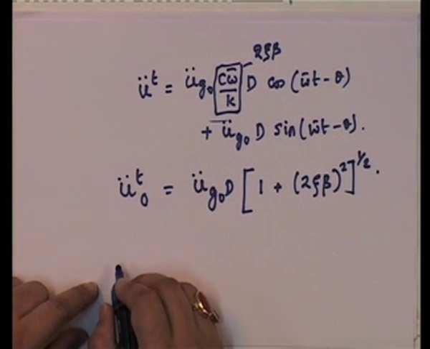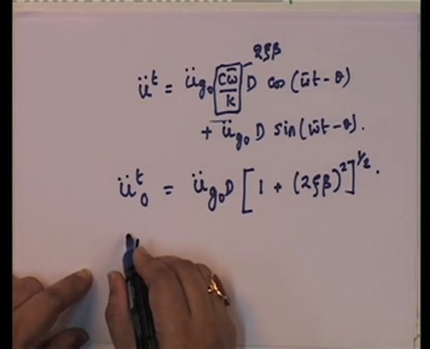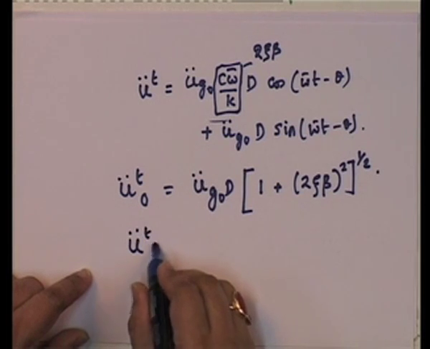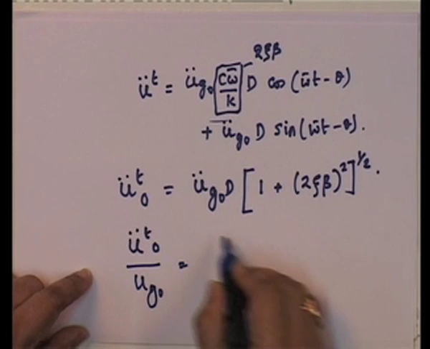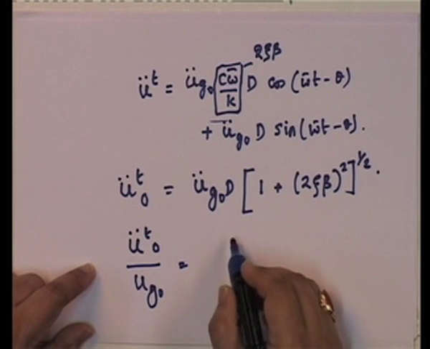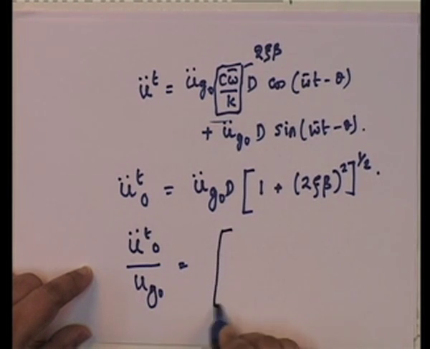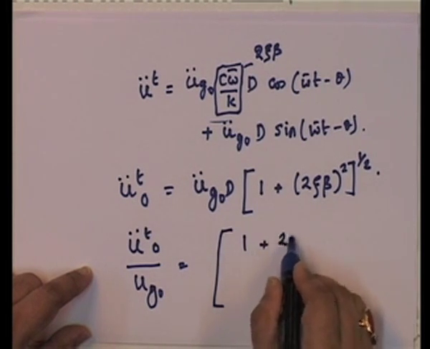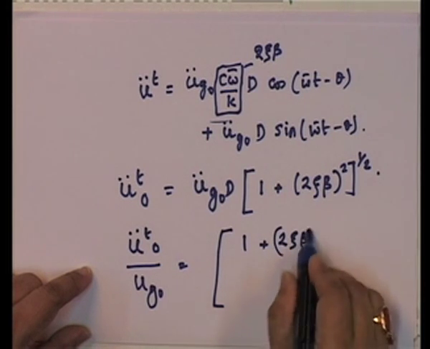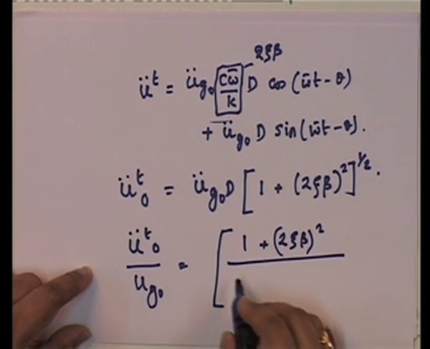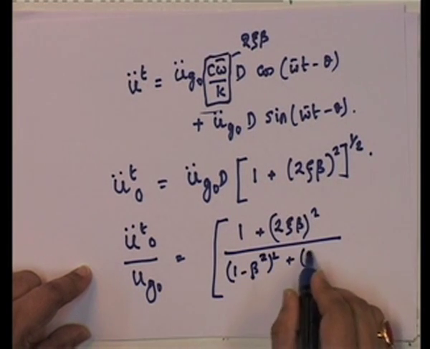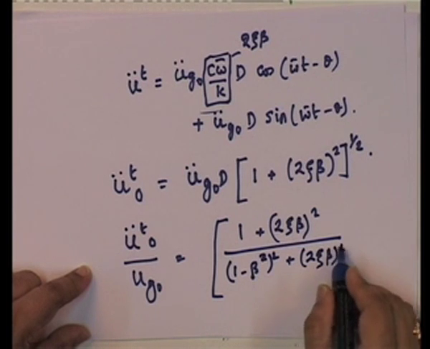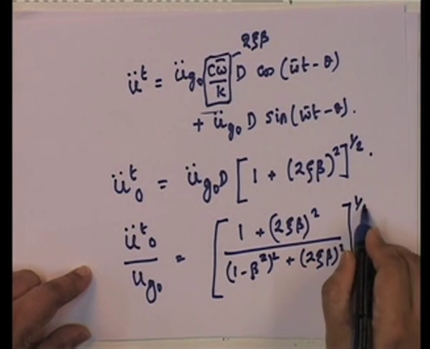Okay. So, therefore, if you look at this, the base isolation parameter then becomes, and what is d? D is square root of 1. So, I am going to rewrite this. So, what does this become? 1 plus 2 xi beta the whole squared upon 1 minus beta squared plus 2 xi beta the whole squared, under square root.